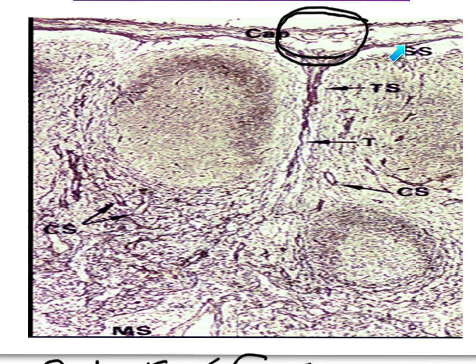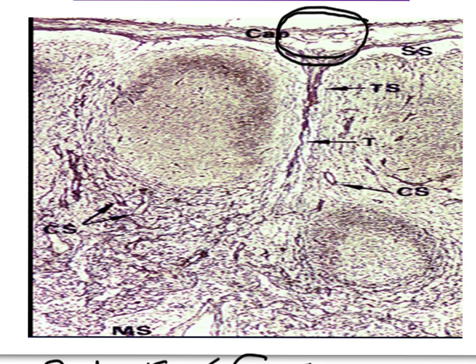We have the subcapsular lymph sinus, under the capsule, which is the empty white space here, and it also passes in the sinuses related to the trabeculae, called the trabecular sinus, the empty space here. This is the trabeculum, formed of connective tissue, and this is the trabecular sinus.